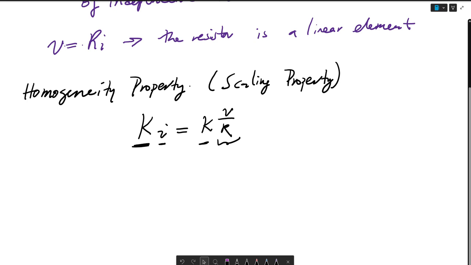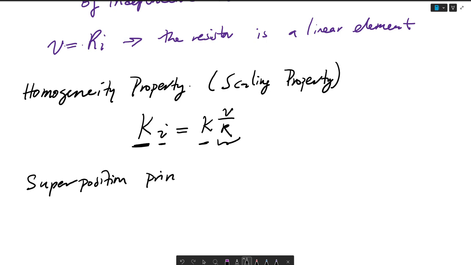And the next property is the superposition principle. In the next video, you'll see us use this principle to do what we call superposition.